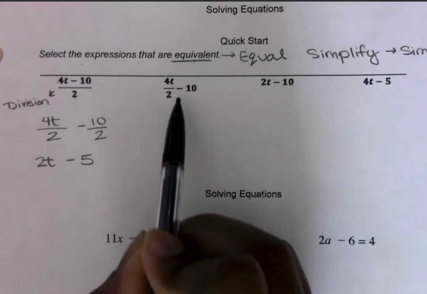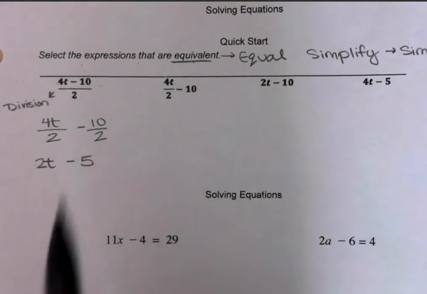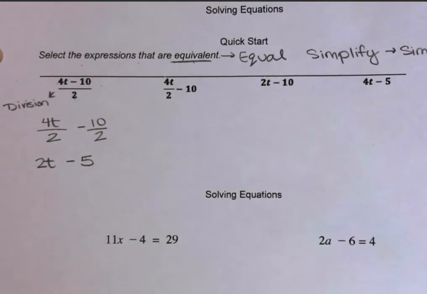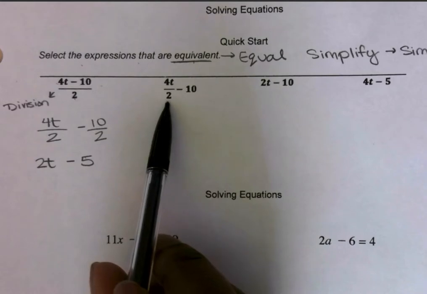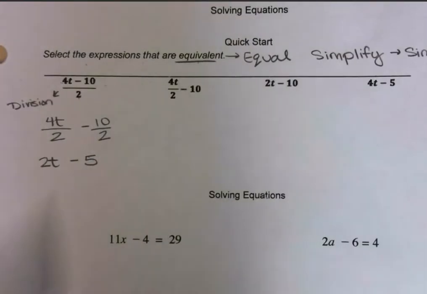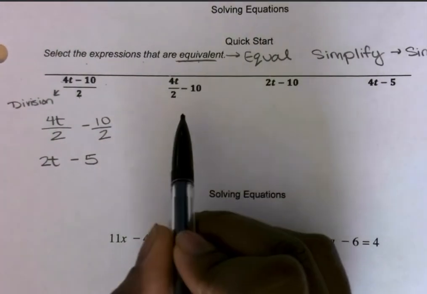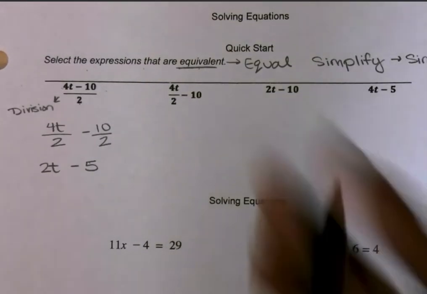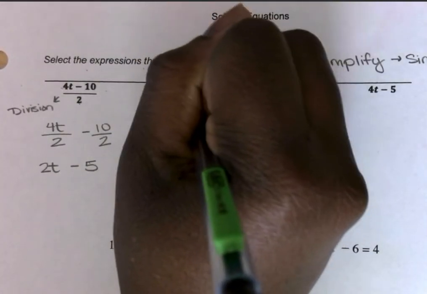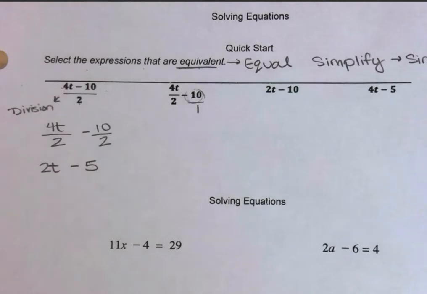Let's see if we can simplify this one. Now, you can show me by your hand 1 or 2. How many times are we going to divide by 2? So we're actually going to divide by 2 one time because this 10 is by itself, so imagine it's under 1.